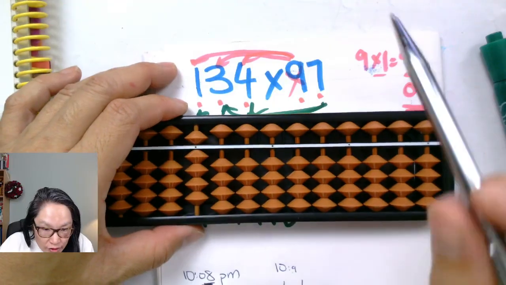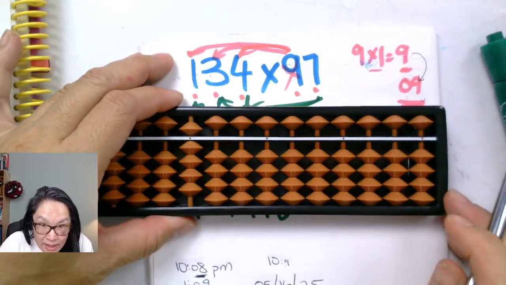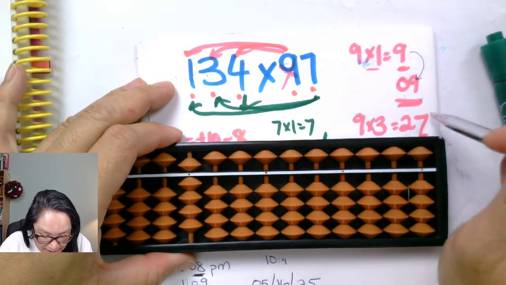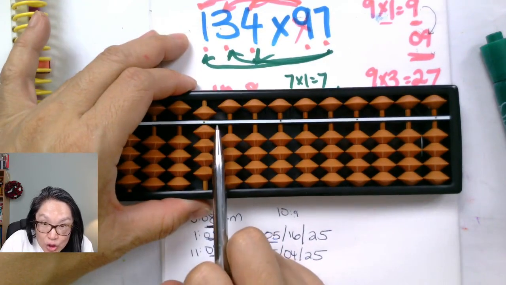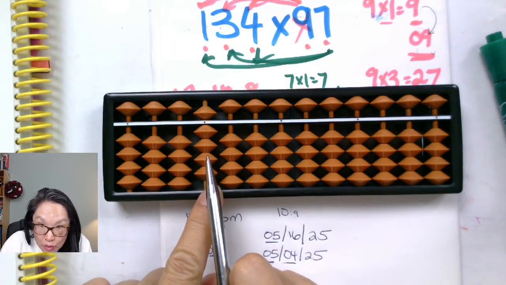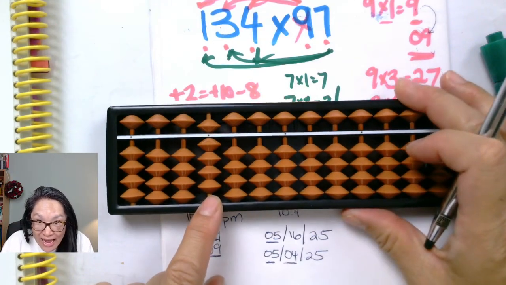So then our next question is 9 times 3. 9 times 3 is 27. I want to add 20 and I want to add 2, but I cannot add the 2 here. I have 9. So how do I add the 2?